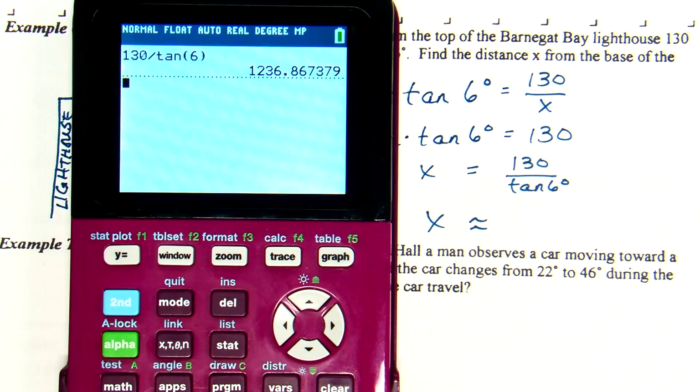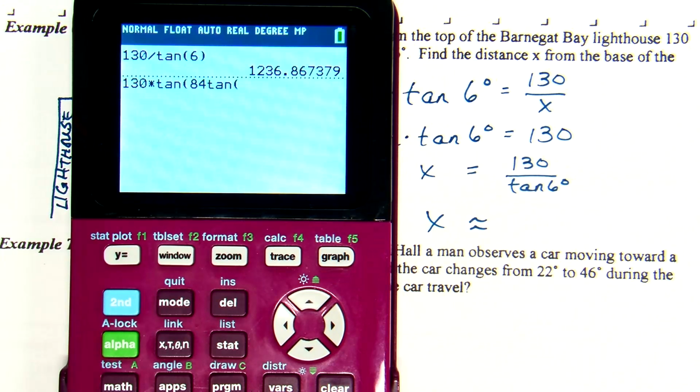If by chance you did use tangent of 84 equals x over 130, then you would just be doing 130 times tangent of 84, and that would give you the same answer. That's what the math would be if you had set up with 84.